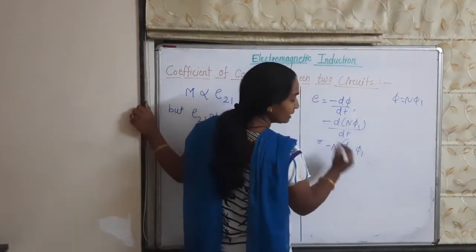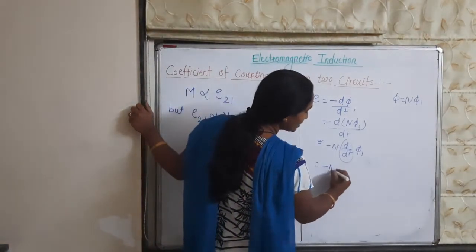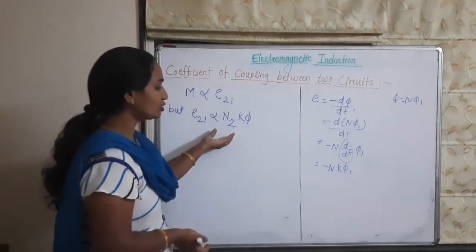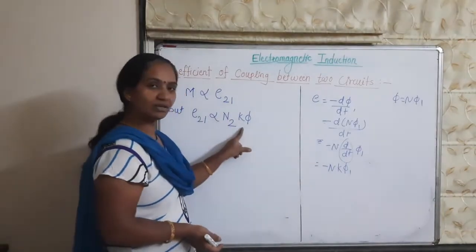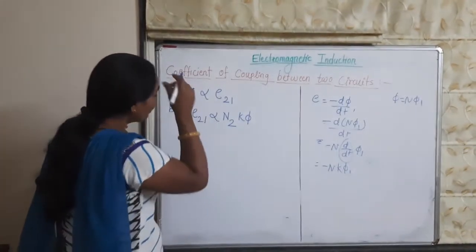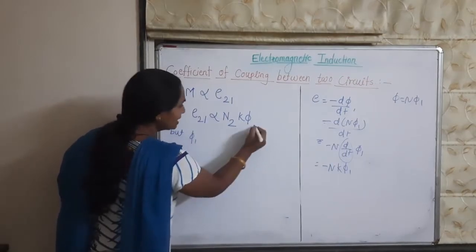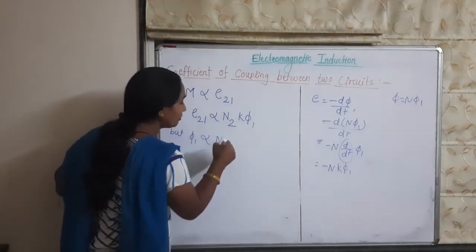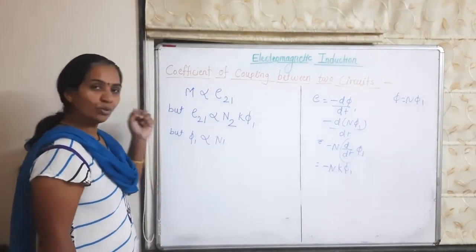Here d by dt gives the coefficient of coupling, so it is minus N K phi 1. So this is the equation. But we also know that this phi 1 is directly proportional to the number of turns in coil 1.